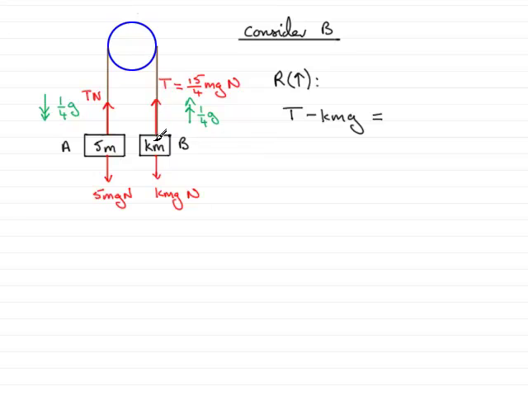Well, we know that the mass is km, so we can put that in, and the acceleration is a quarter g. Now if we substitute the value for T in, we've got 15 quarters mg minus the kmg here equals a quarter kmg.